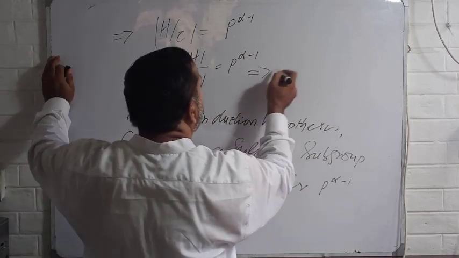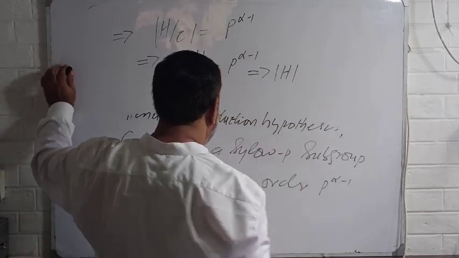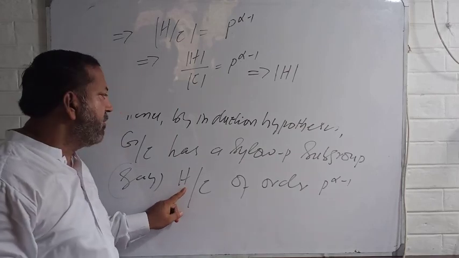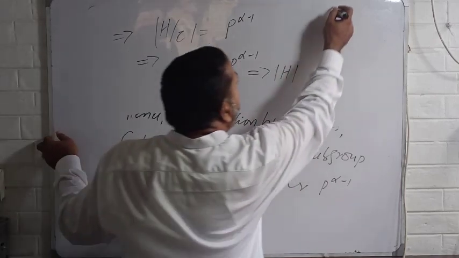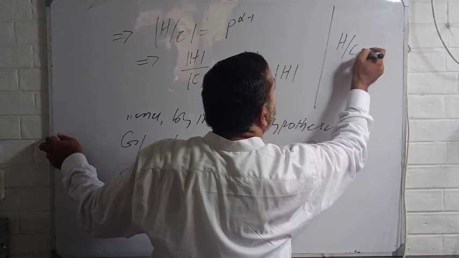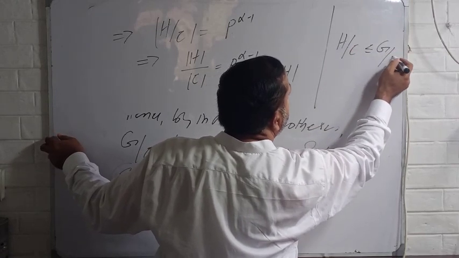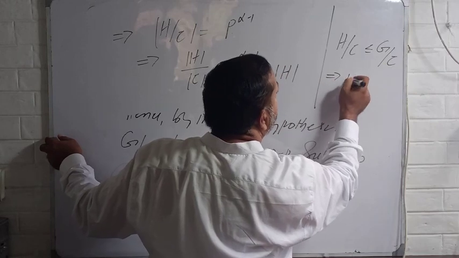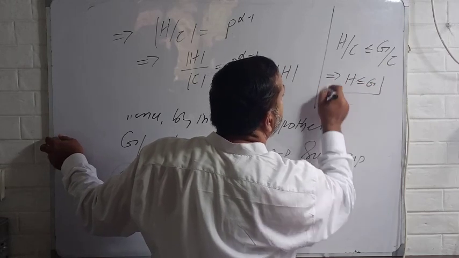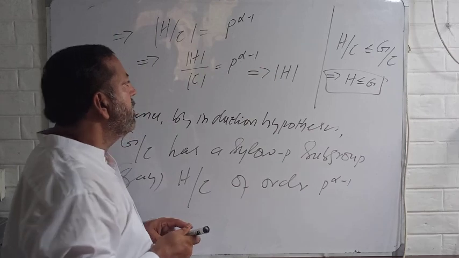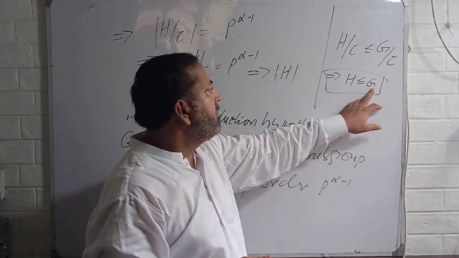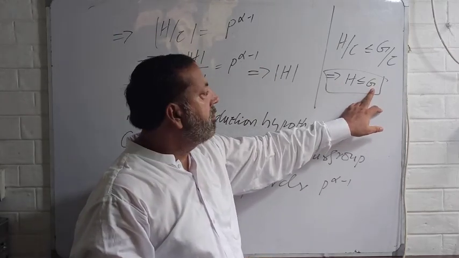Of course, here H is a subgroup of G. Remember, because H by C is a subgroup of G by C, this implies that H is a subgroup of G. This is clear. H is a subgroup of G. This is very much clear, right?